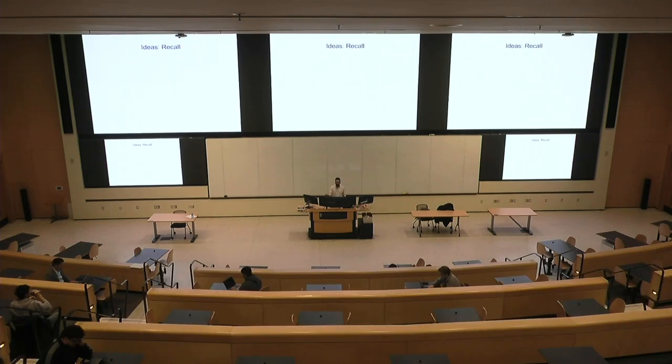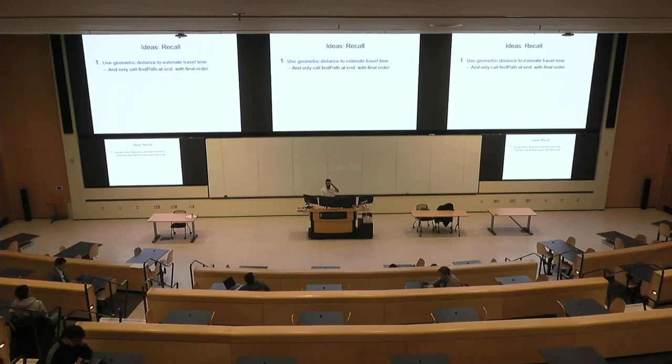Okay, so if you recall at the end of the last lecture, we talked about whether we can do better to accurately estimate the travel time than the geometric distance between two intersections. That's what we used in the greedy algorithm, and it showed us that we were able to finish all of the algorithm within 20 seconds. And it was quite fast.